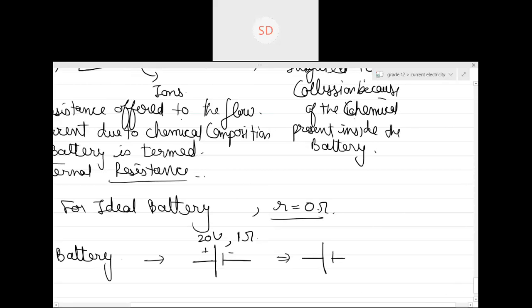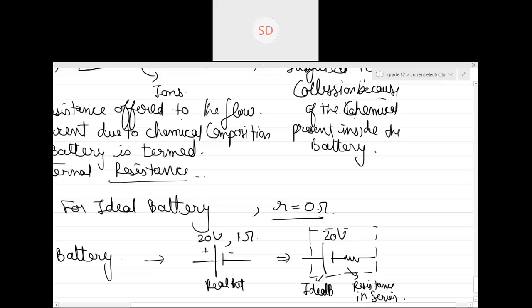You consider that this 1 ohm is in series with the battery. So now this real battery becomes an ideal battery with this resistance in series. Can you see this, guys? This is how you deal with it in electrical circuits. It's one and the same thing, you just write it separately.